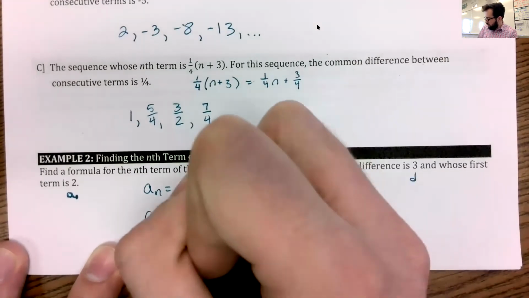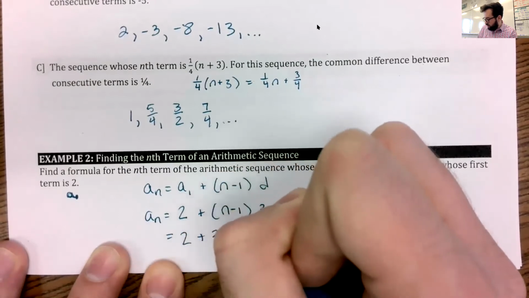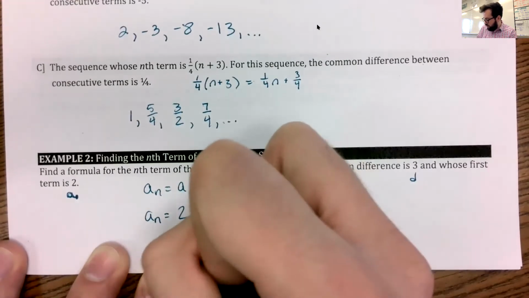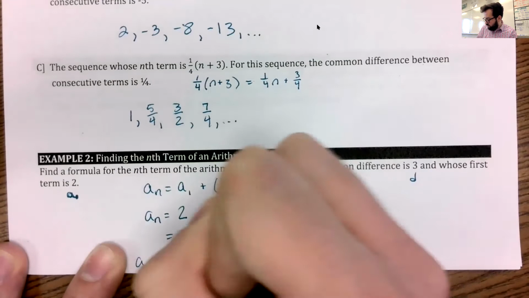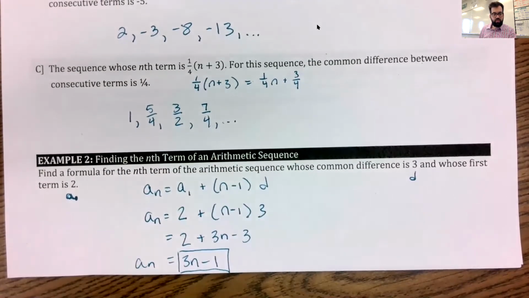So just to make this a little bit nicer, I'm going to distribute the 3. Simplify, we get 3n. 2 minus 3 is going to be minus 1. So we have 3n minus 1.